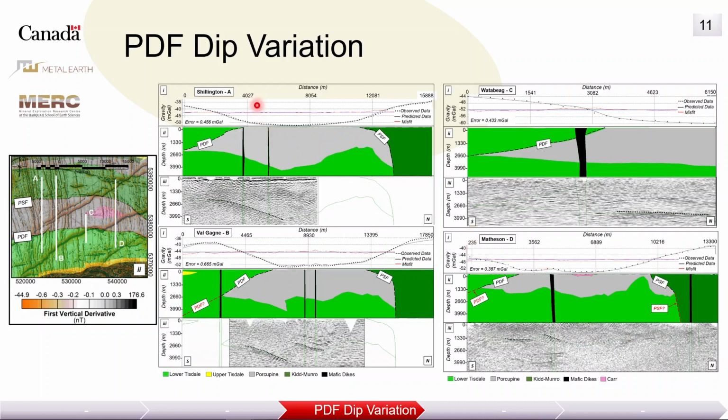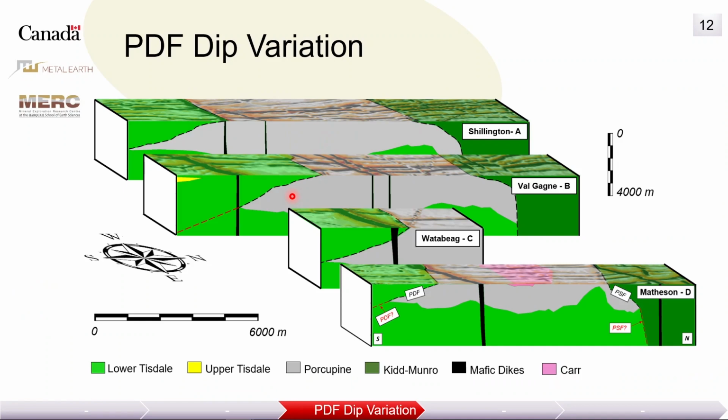Here is the gravity data in the first panel, the model itself, and the seismic section with its interpretation. And we have this 3D view for the Madison area. The Porcupine District fault is deep in the south, as we can see here, and we also have some idea of how the Pipestone fault is more vertical in comparison to the Porcupine District fault.